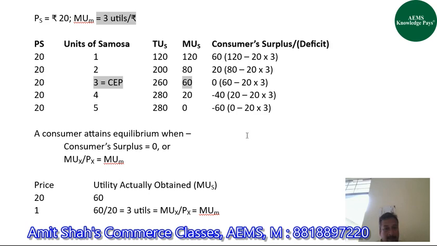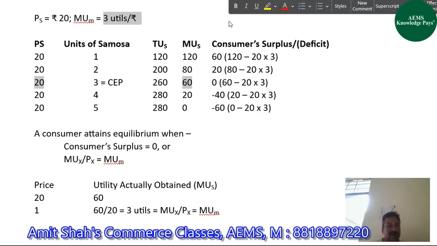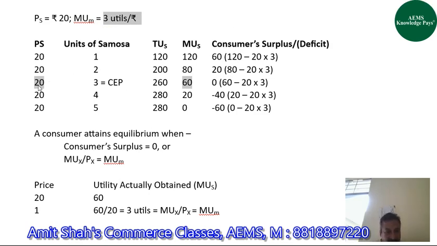Here for each rupee, he got 6 utils. Here for each rupee, he got 4 utils. Here for each rupee, he got 3 utils. And this is his expectation, that is 3 utils per rupee, and exactly that he got with the third samosa.